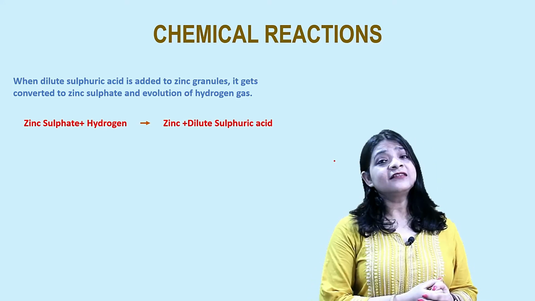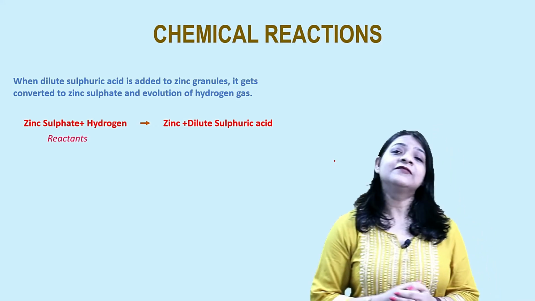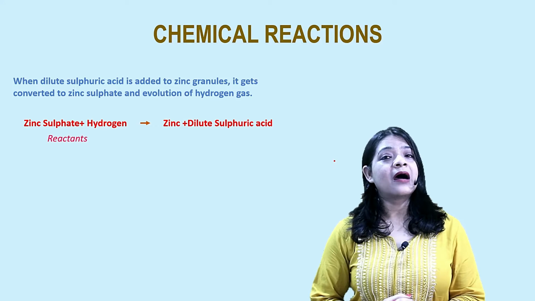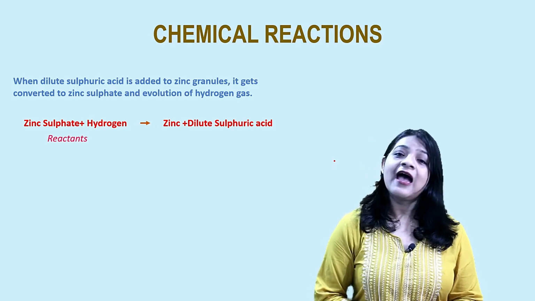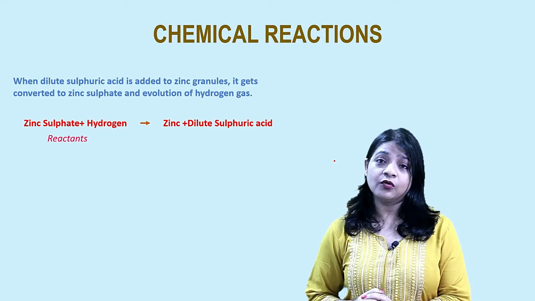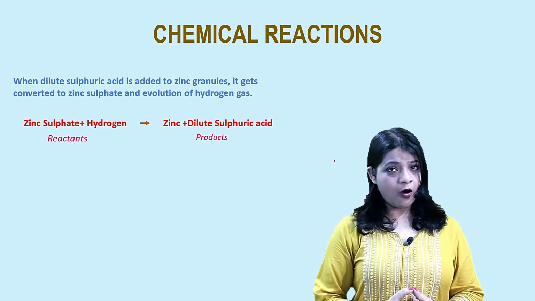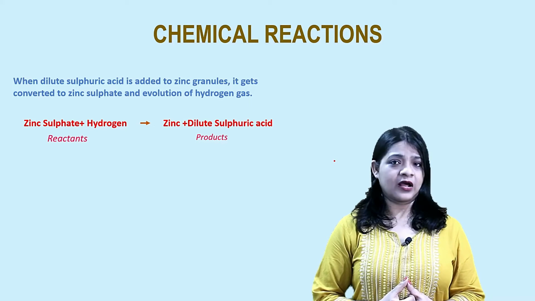So the left hand side of the arrow gives us information about the reactants that take part in the chemical reaction, and the right hand side of the arrow gives us information about the new substance formed, that is the products.